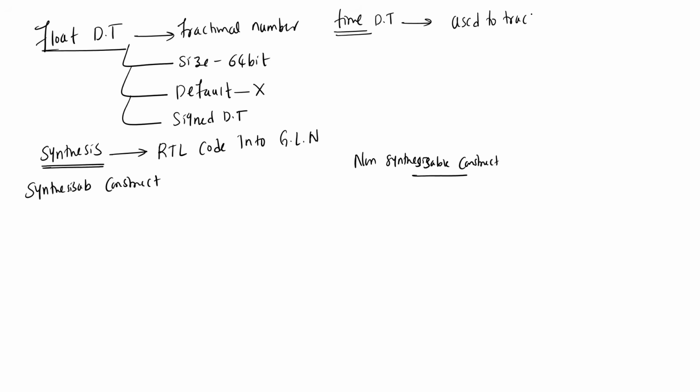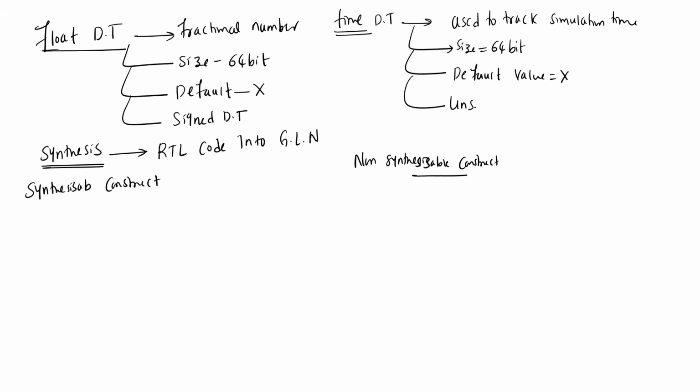Here the size is 64 bit, the default value is x, and this is unsigned. Time cannot be negative, so it is an unsigned data type.